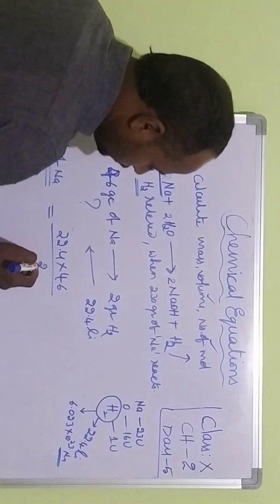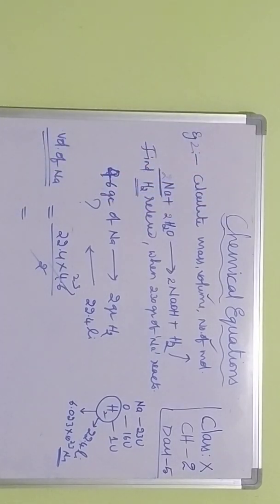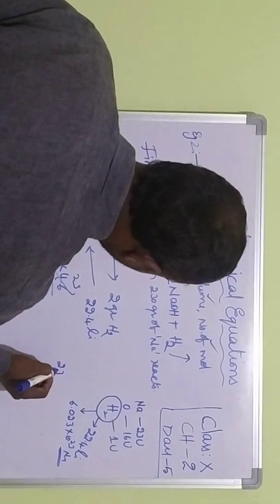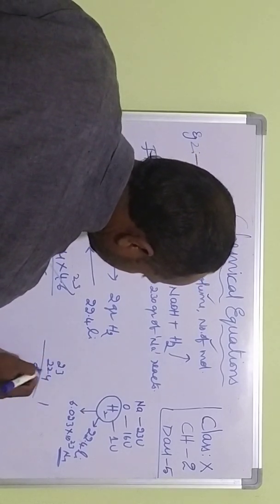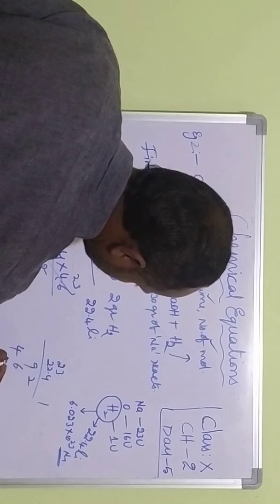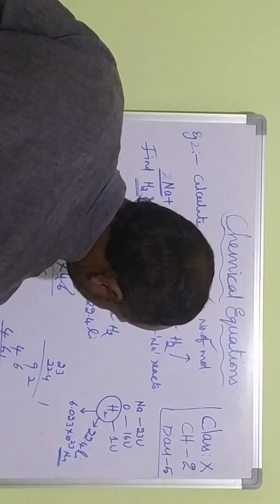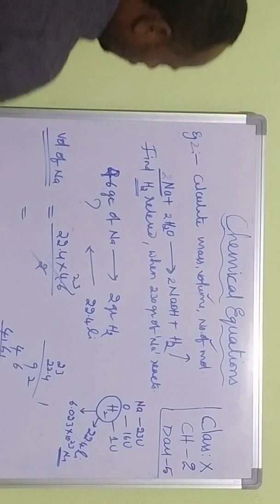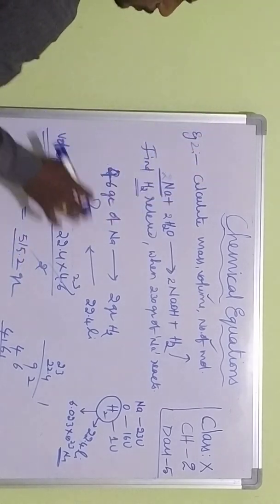Then we will get the answer 23 into 22.4. 5 grams of sodium required. This is the value occupied through the Avogadro number.